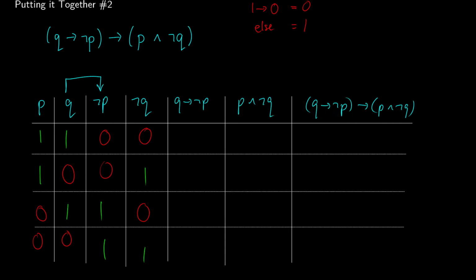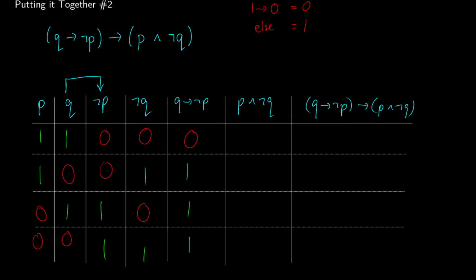So if we see 1 arrow 0, we write false. Anything else, it is going to be true. So the first row, we have 1 arrow 0, so this will be false. In the second row, we have 0 arrow 0. Okay, that will be true. In the third row, we have 1 arrow 1, which will be true. And in the fourth row, we have 0 arrow 1, which will be true. So there's just one condition here where it is false.